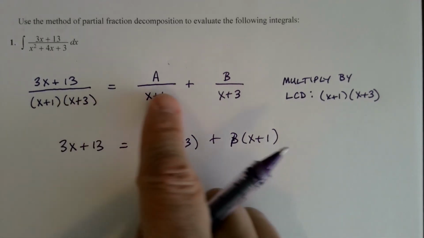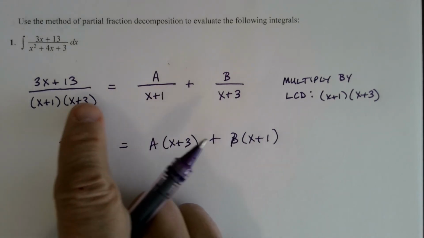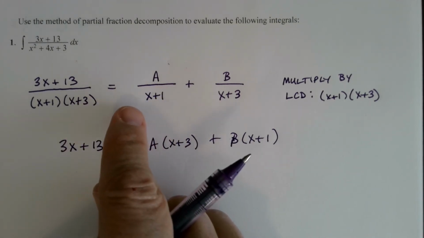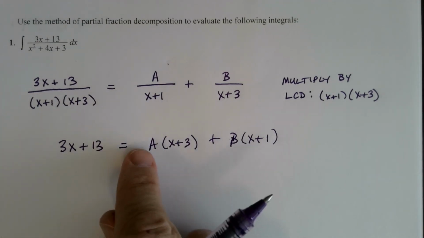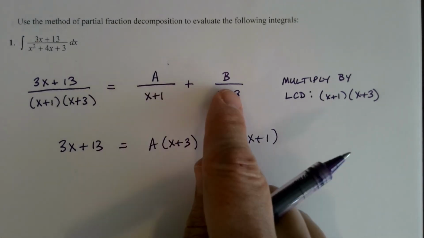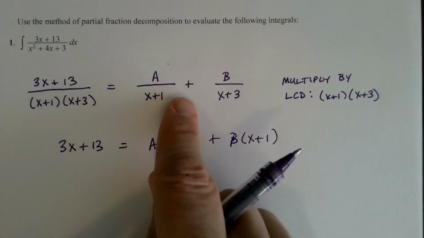Up here, a and b will be the same for all real numbers, except for what? -1 and -3. However, the a and b here will be the same as the a and b here, and we can use all real numbers here, but we can use only all real numbers except for -1 and -3.